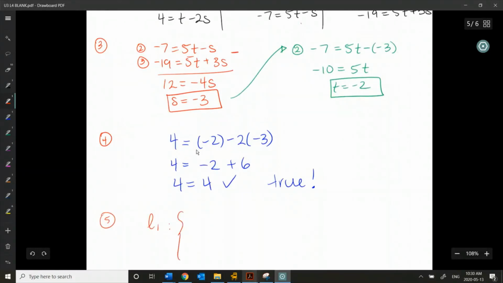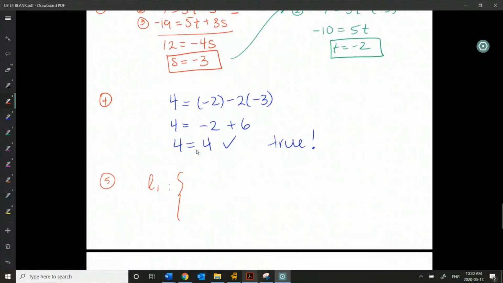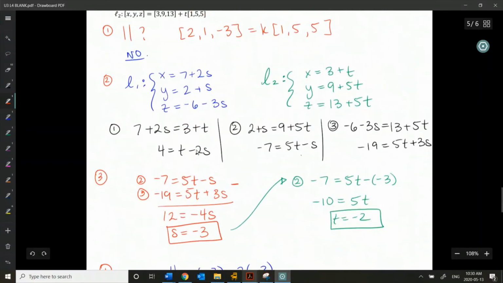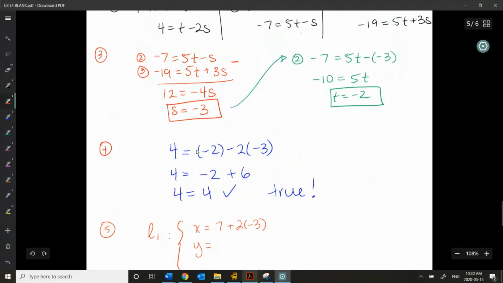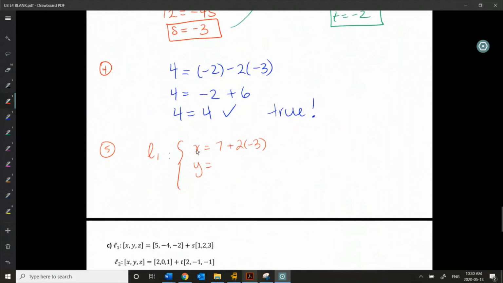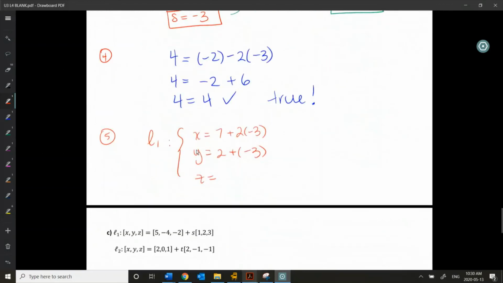So I'm going to plug into line 1, and we'll find our coordinates. So x is equal to 7 plus 2s. Y equals 2 plus s, and z is negative 6 minus 3 times s.